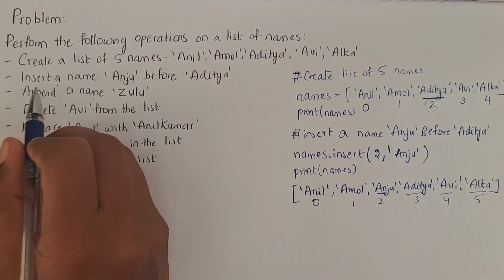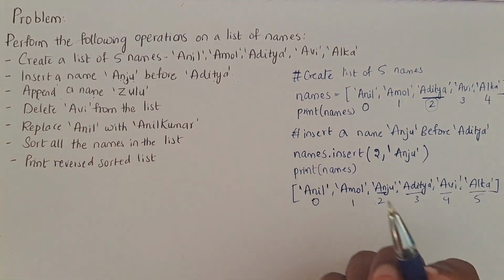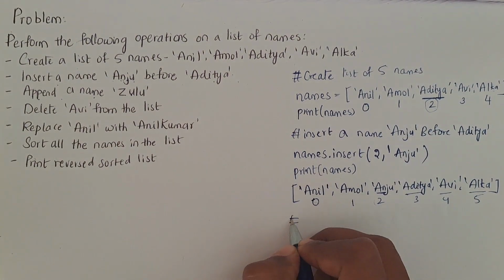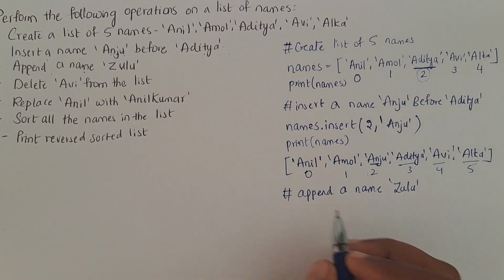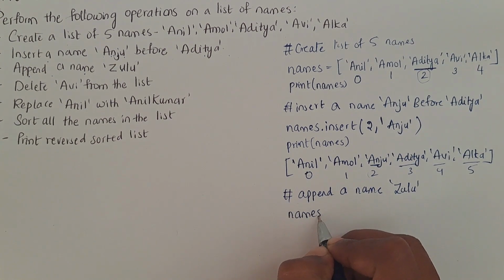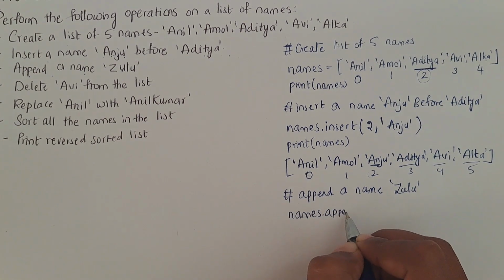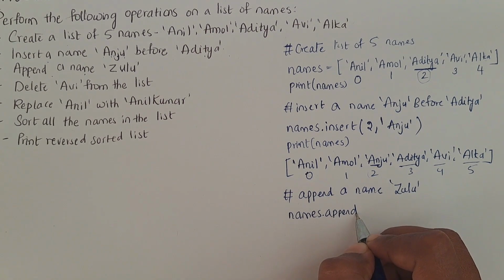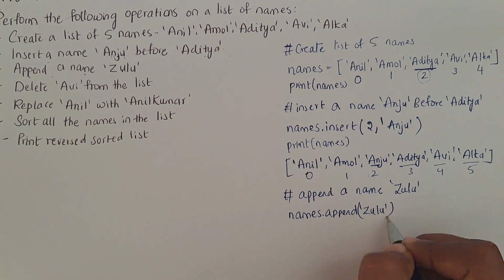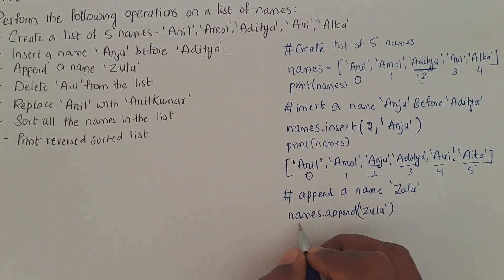Let us look at the next statement, append a name Zulu. The append represents that you are adding an item at the end of the list. To append the name Zulu, we have to write names dot append with the string Zulu, because we are appending the Zulu name as an item to the names list.